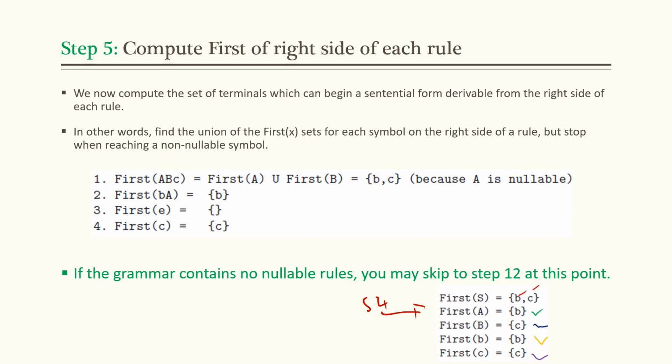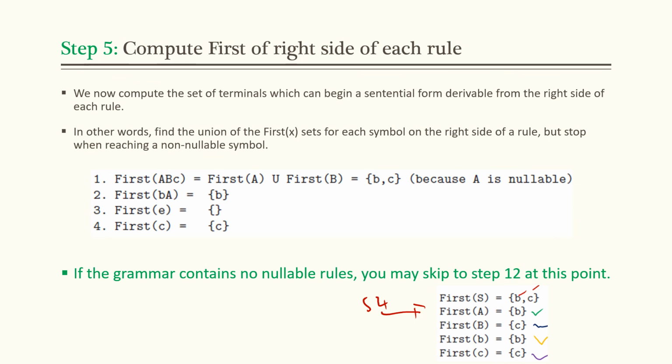So here we get B and C. B comma C, because A is nullable. We can start from either A or from B. So we can start from terminal B or we can start from C. Remember this is to find the selection set.